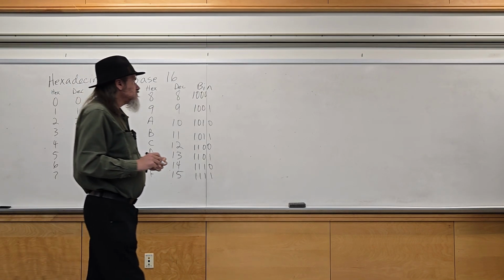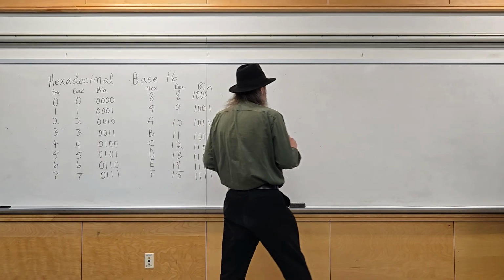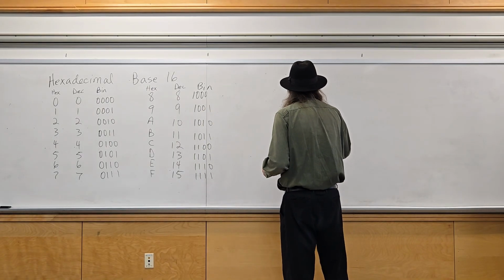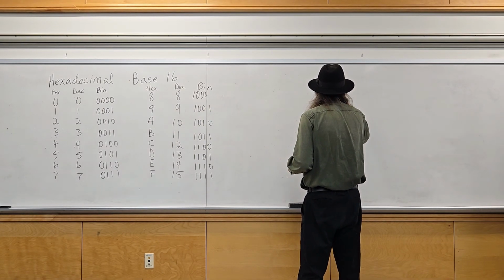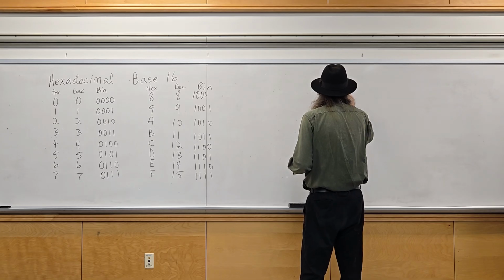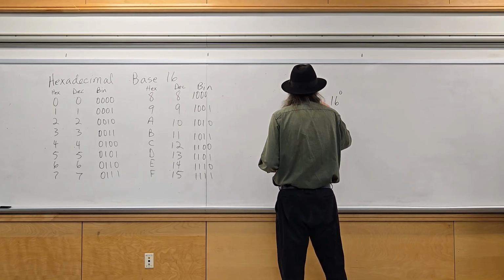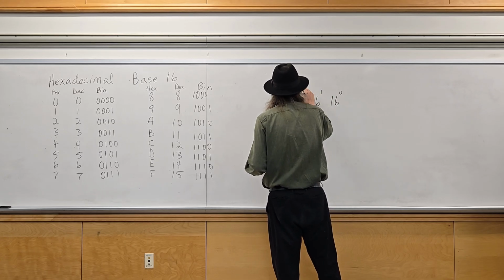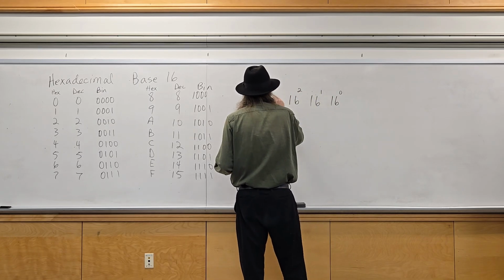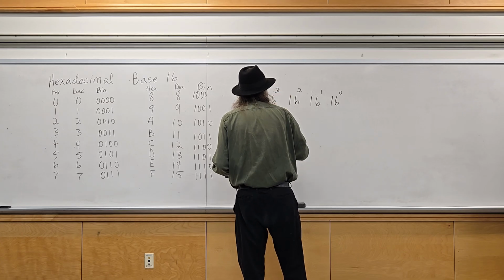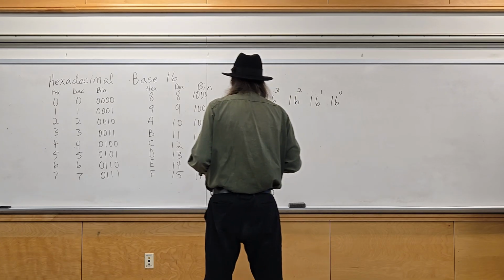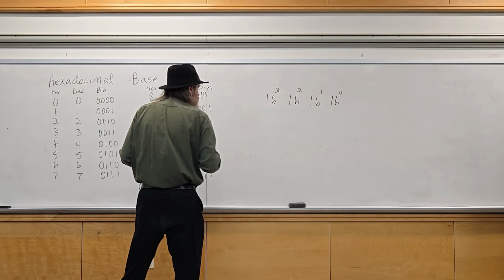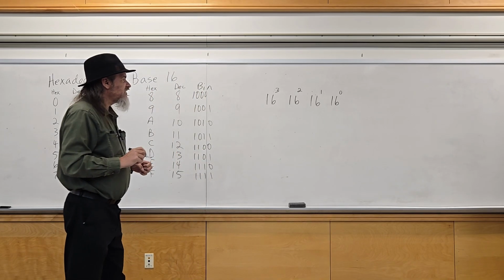Now, like binary and decimal, the digits correspond to the powers of 16.